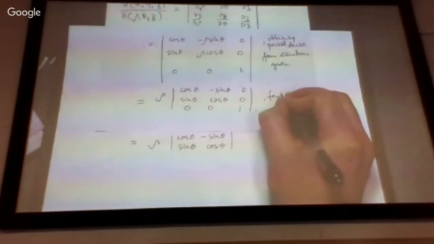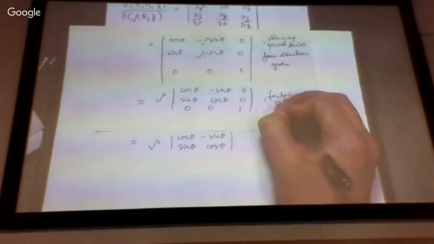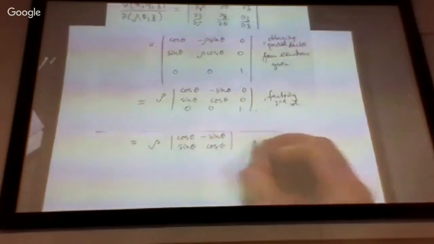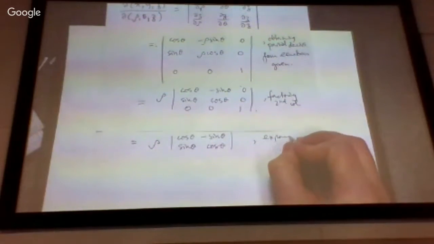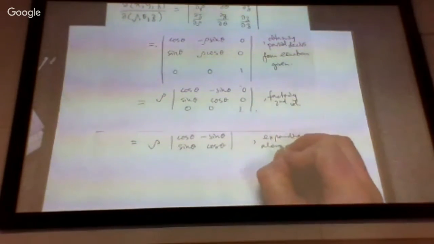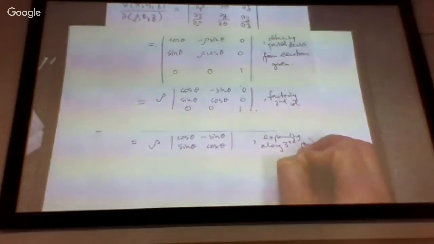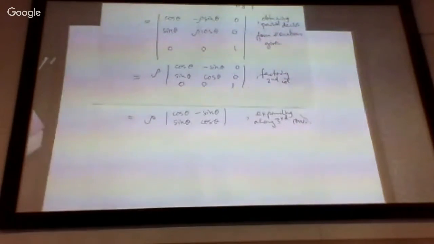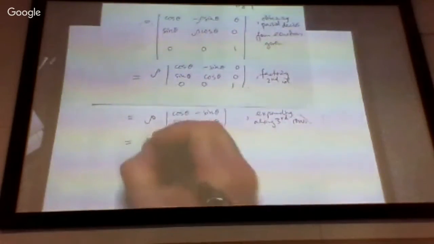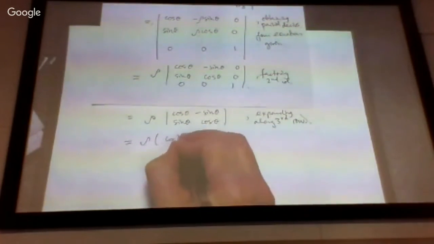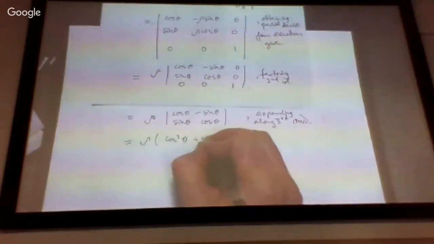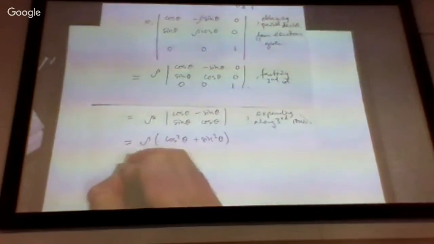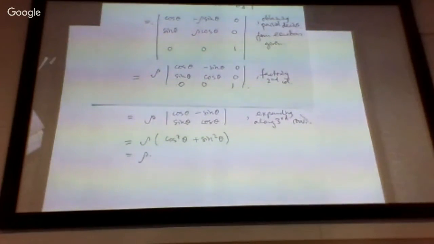I'll just indicate factoring the second column, then expanding along the third row. And this 2 by 2 determinant is our old familiar cosine squared theta plus sine squared theta. So it's rho.